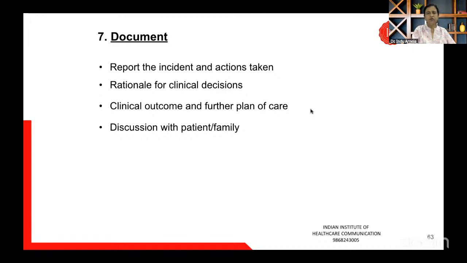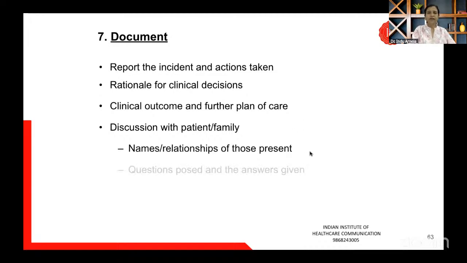Whatever discussion you had with the patient and the family, who was present, the name of the person and the relationship to the patient, and the questions they asked and the answers you gave. If all those can be briefly mentioned in the report, it will be helpful for a person who reads it later to see what has been communicated to the family.